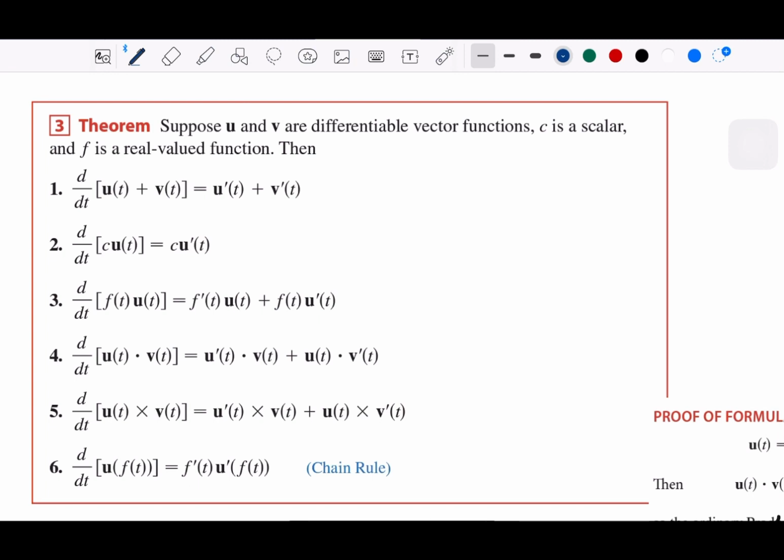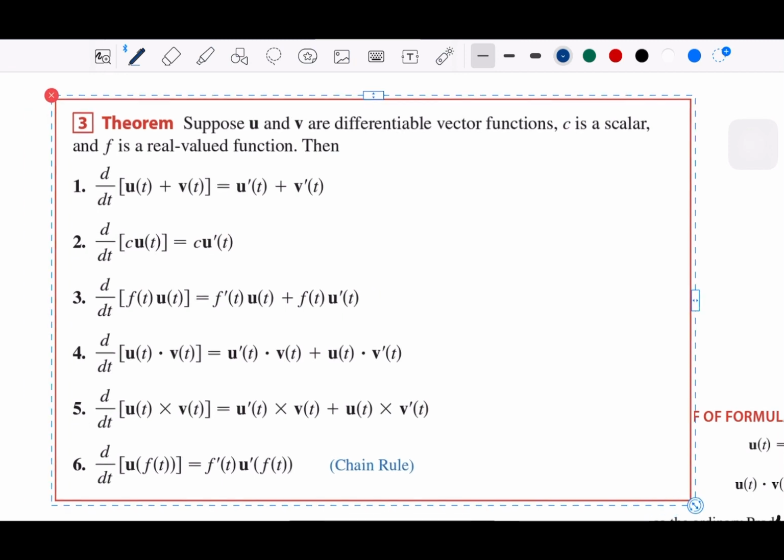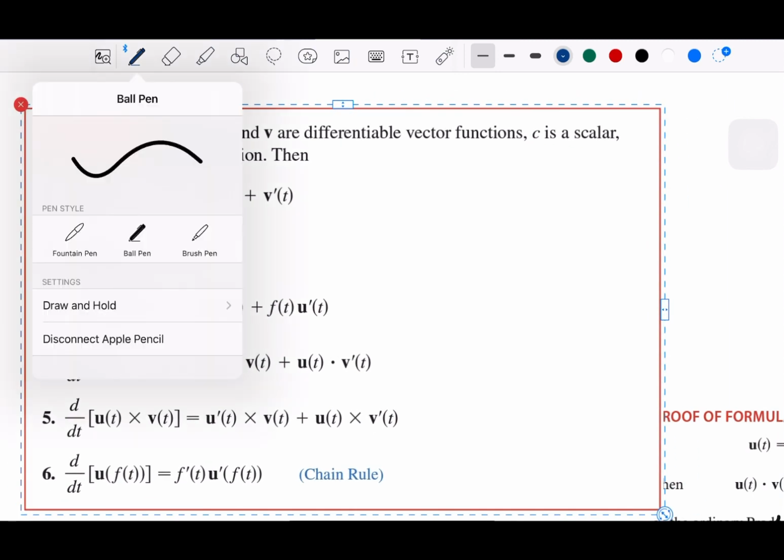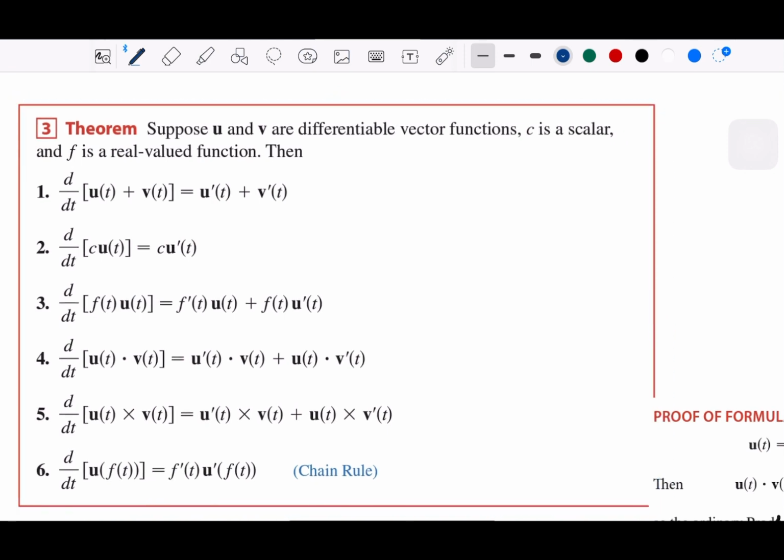So if you take u dot v like this, then you take u prime dot v plus u dot v prime. So let's say it is like a product rule. I'm going to write here, similar to the product rule. And then the last one uses the chain rule.